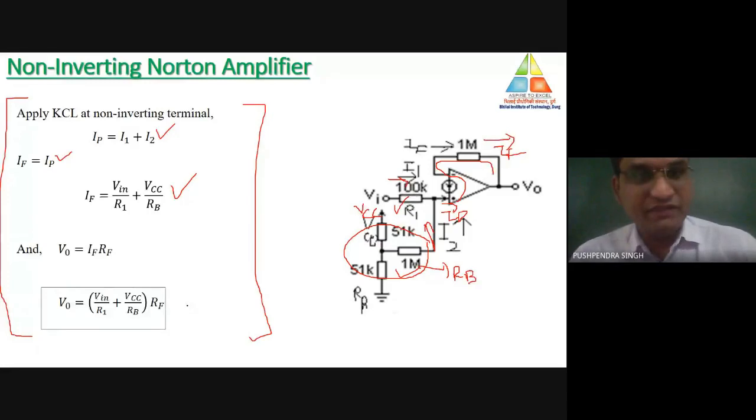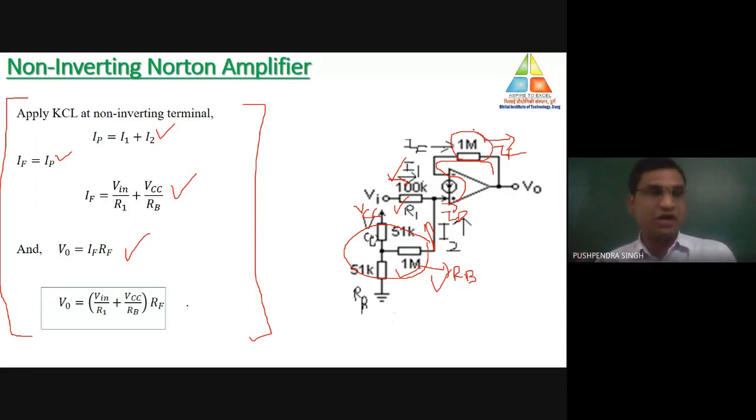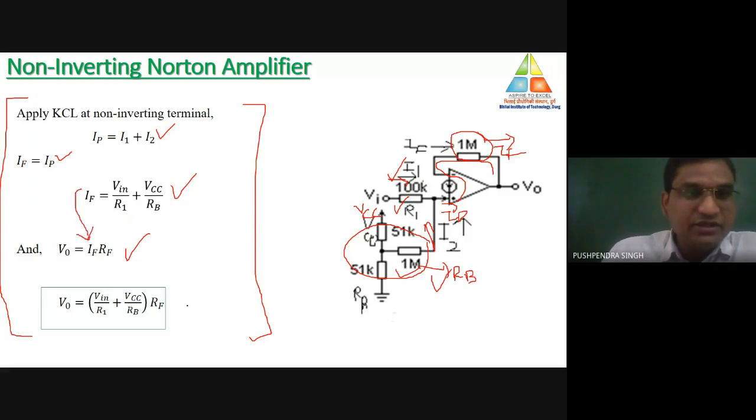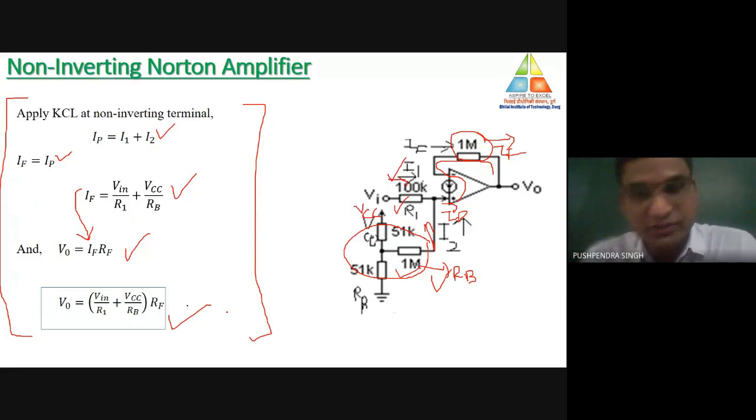So IF is equal to Vin divided by R1 plus VCC divided by RB. And V0 is equal to IF into RF, the voltage drop across this feedback resistance, which is your output. Substitute the value of IF from here, so that is the final value of output.